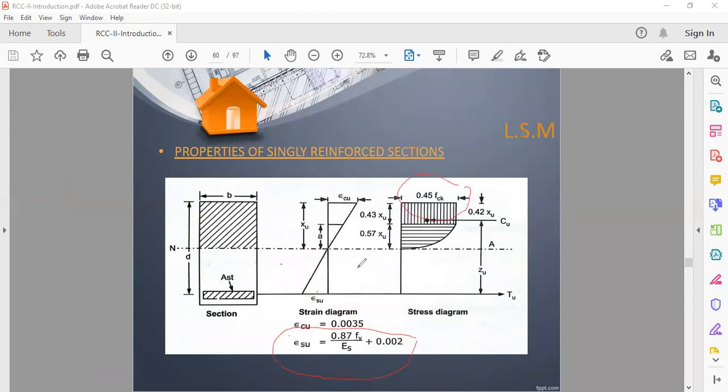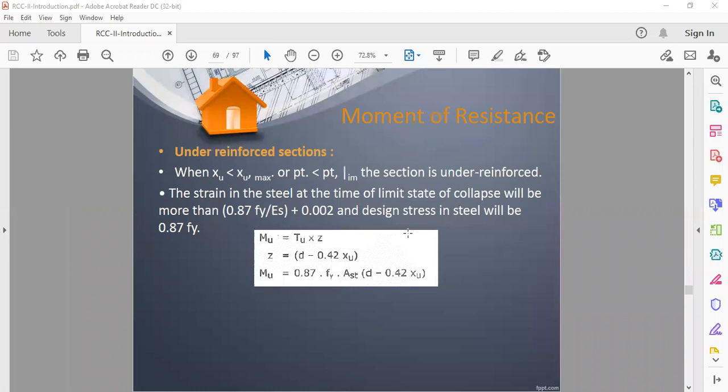Here it says that the strain in the steel at the limit state of collapse will be more than this value, and the design stress in the steel will be 0.87 Fy.